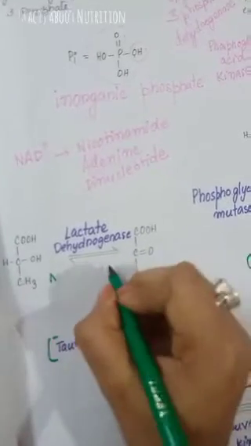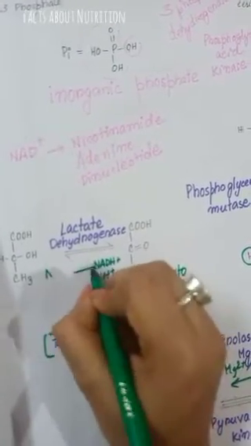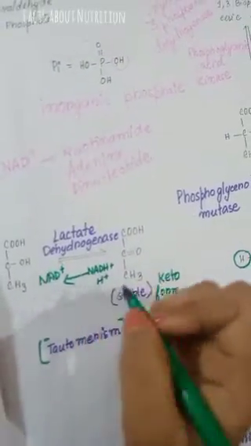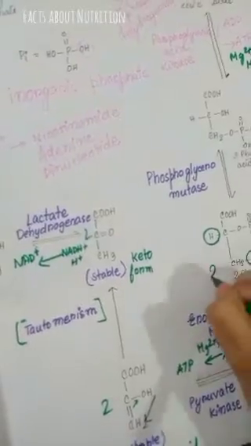Now, one more thing you have to learn. Here, NADH plus H plus will be converted to NAD plus. Everything will be 2. Even the water will be also 2. ATP, ADP, everything will be 2.